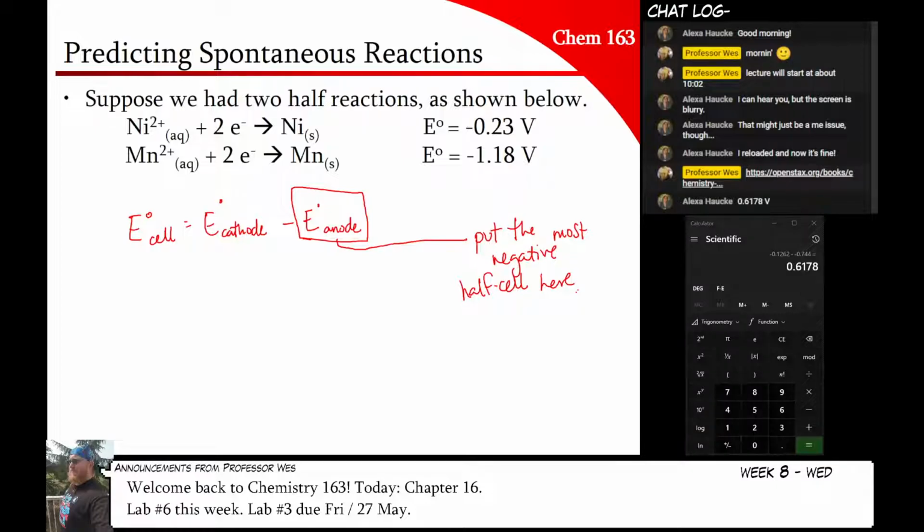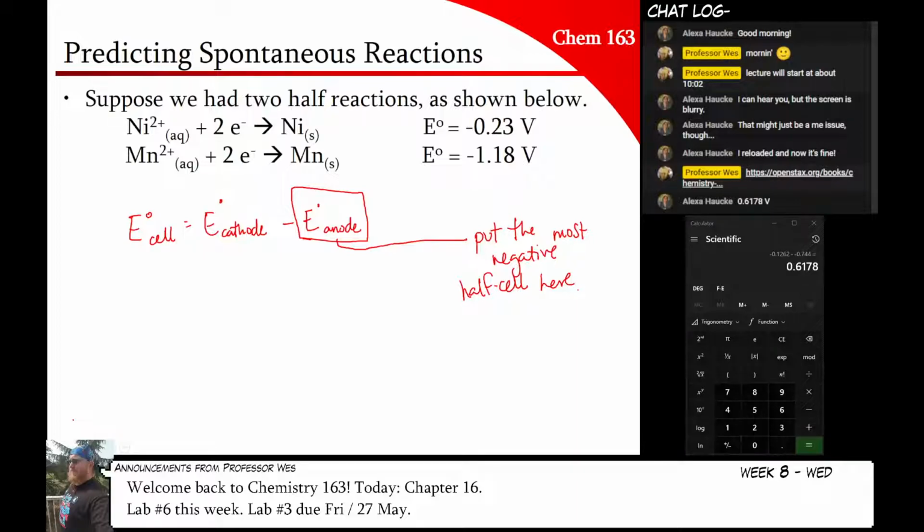And that makes sense, right? Because the more negative it is, the less it wants to be reduced. In other words, the more it wants to be oxidized. Therefore, at the anode, we want to put the negative number. That will get us a positive E cell, and so our battery will have a spontaneous reaction.